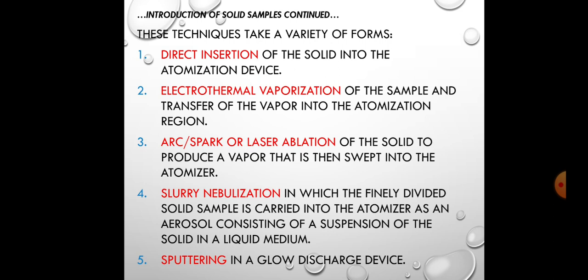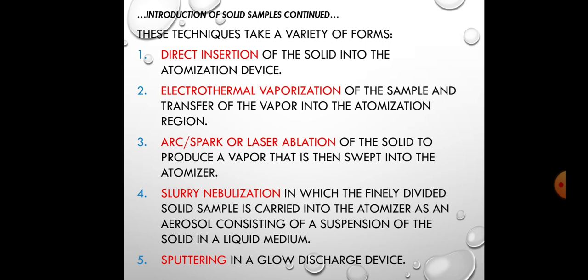Another method is slurry nebulization, in which the finely divided solid sample is carried into the atomizer as an aerosol consisting of a suspension of the solid in a liquid medium.